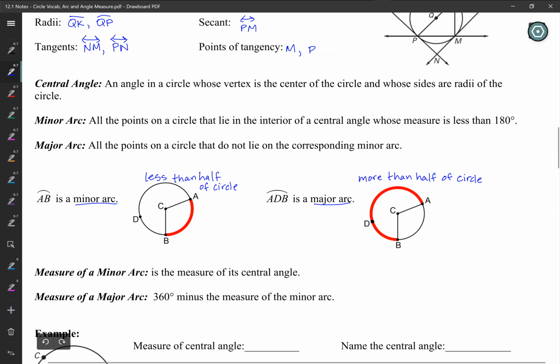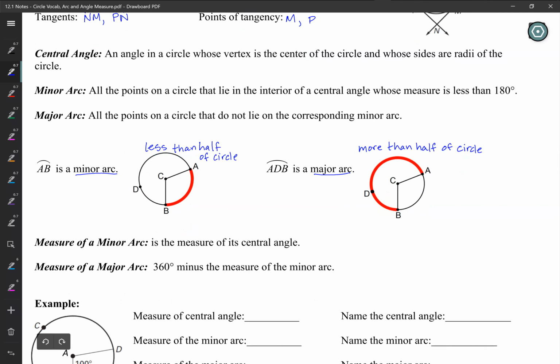And if you've ever watched snowboarding or skateboarding, or you're into those extreme sports, you should know that if you do a complete flip, a complete circle, there are 360 degrees in a circle.